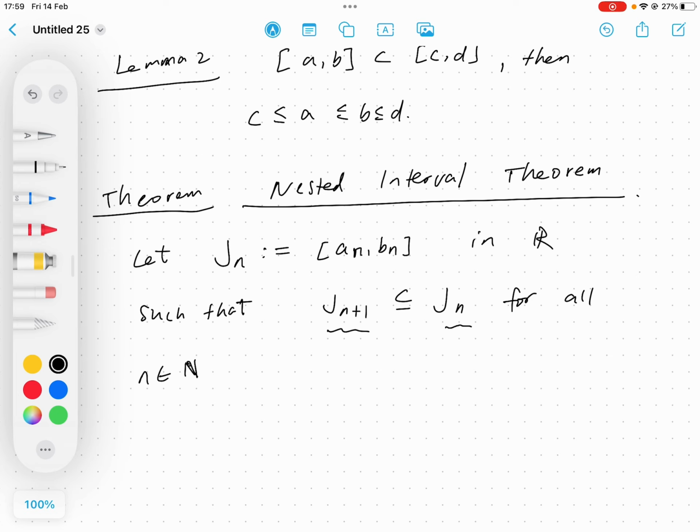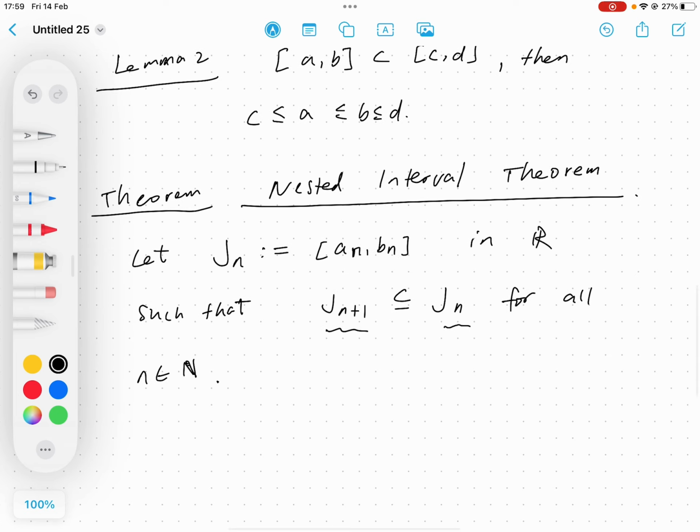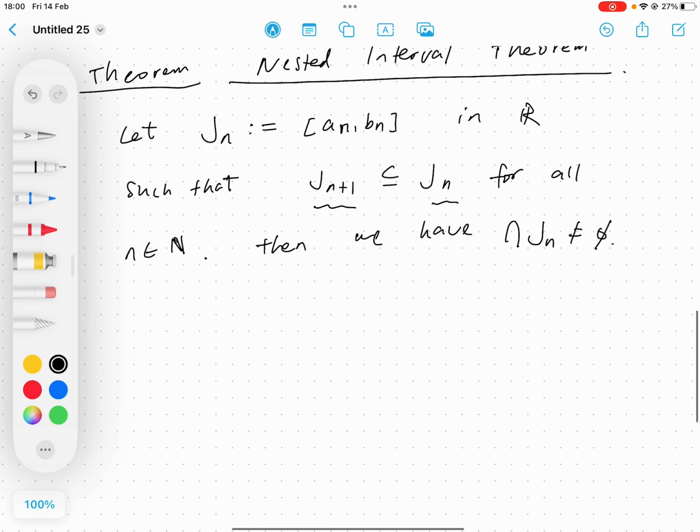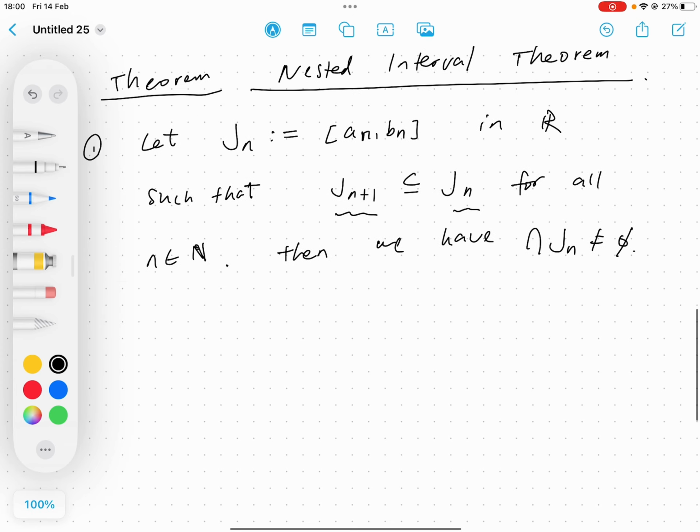And the claim for this theorem is that, since they're nested, the intersection of those Jn is not empty. There's going to be at least something inside this intersection. We call this part 1. Part 2 of this theorem says something further.